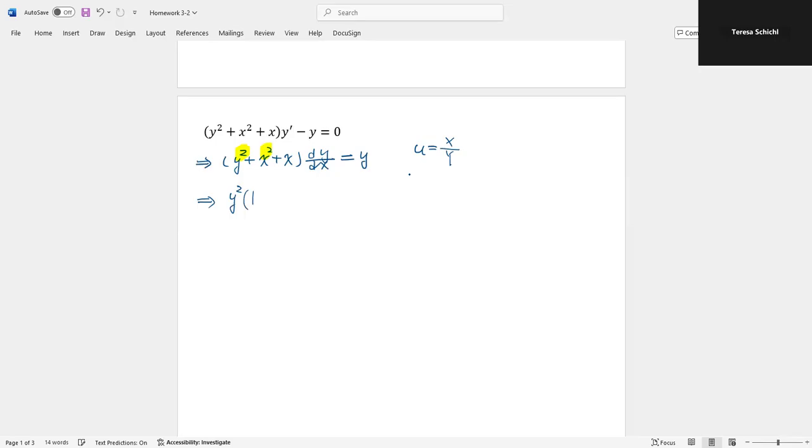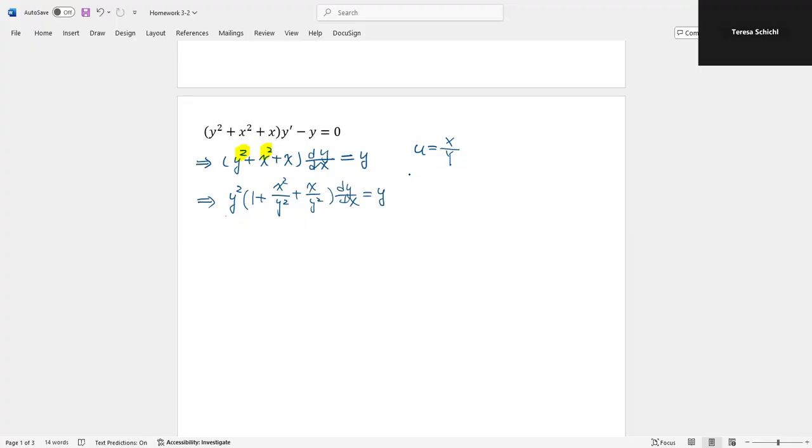So this will be y squared times (1 plus x squared over y squared plus x over y squared) dy/dx equal to y. Then x squared over y squared is u squared, right? That's good.